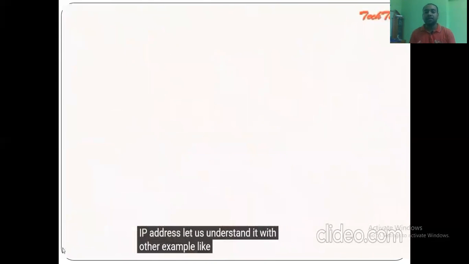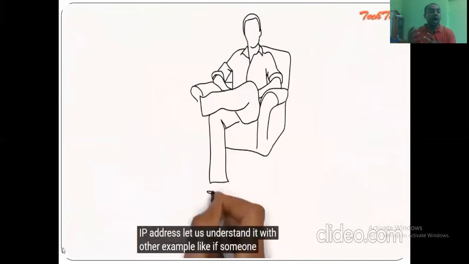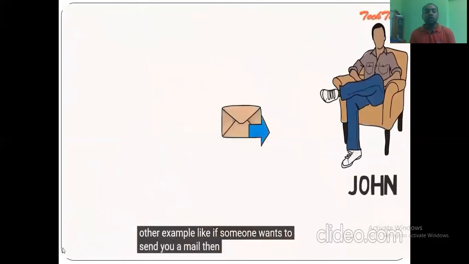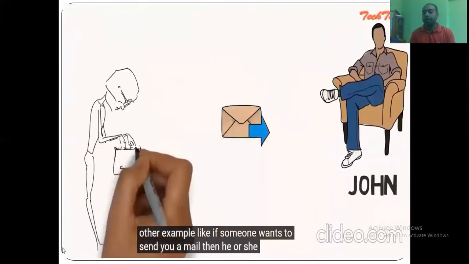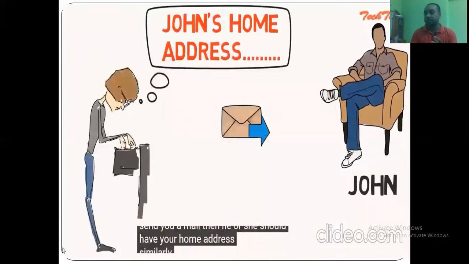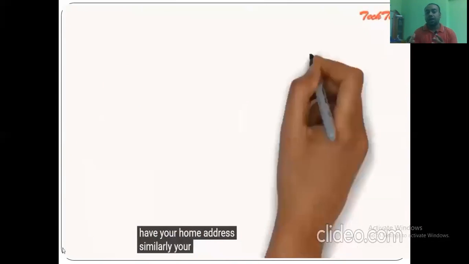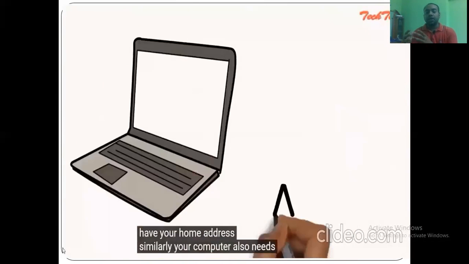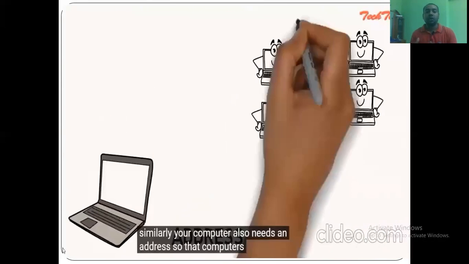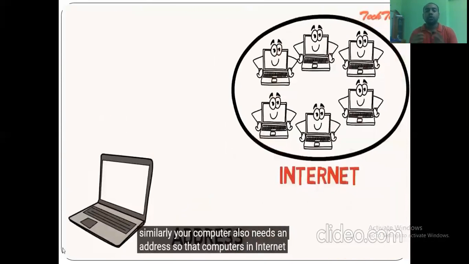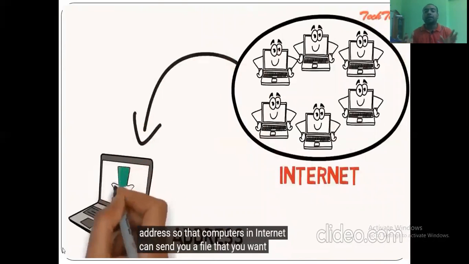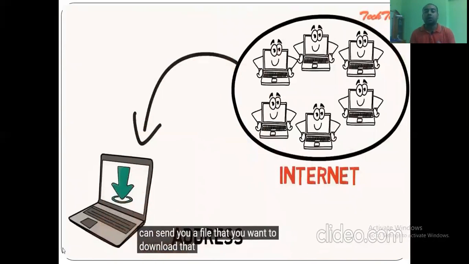Let us understand with another example. If someone wants to send you a mail, then he or she should have your home address. Similarly, your computer also needs an address so that other computers in the internet can send you a file that you want to download.